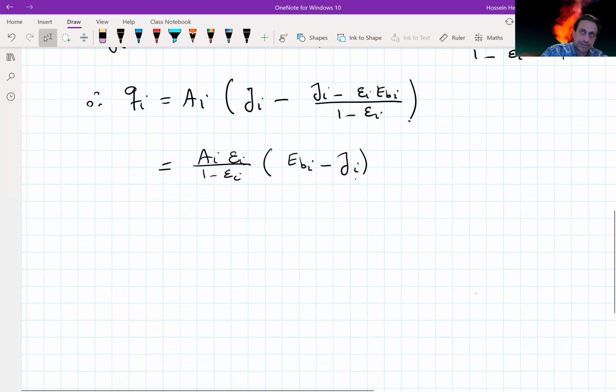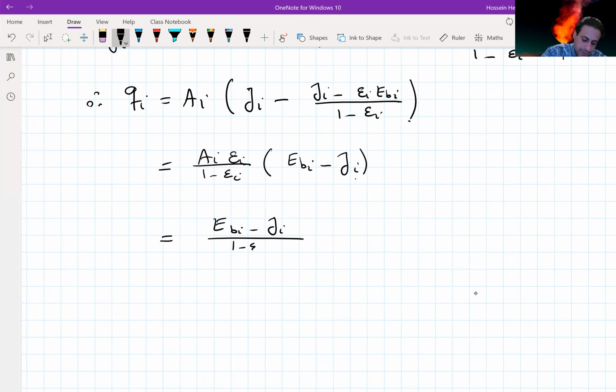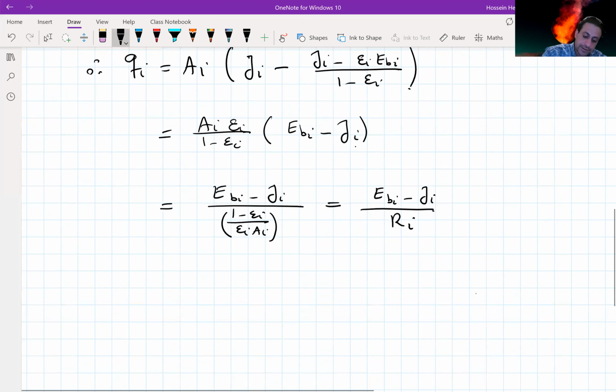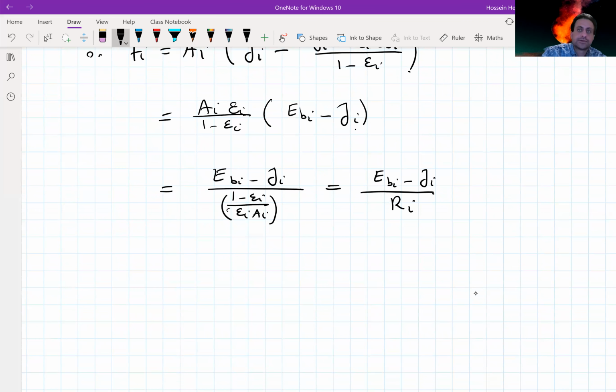If I just reformat that, it's going to be EBI minus Ji divided by 1 minus epsilon I over Ai epsilon I, or EBI minus Ji divided by Ri, where this looks like a form of resistance.